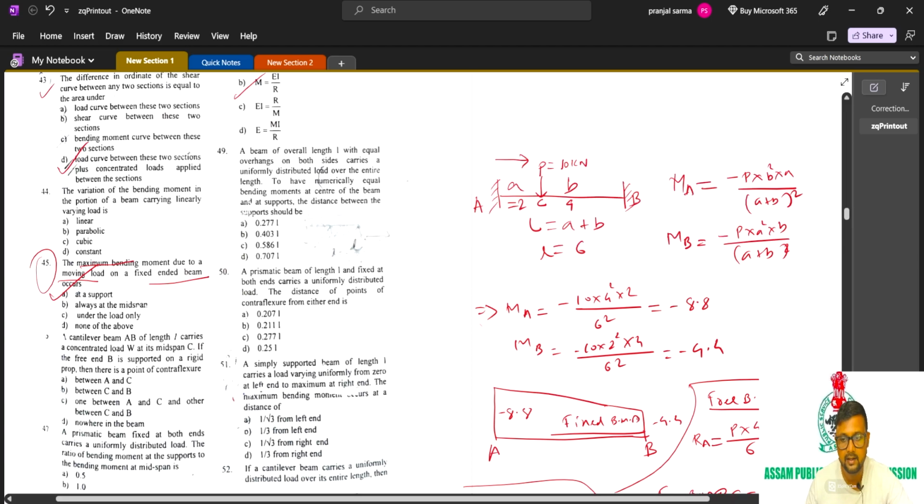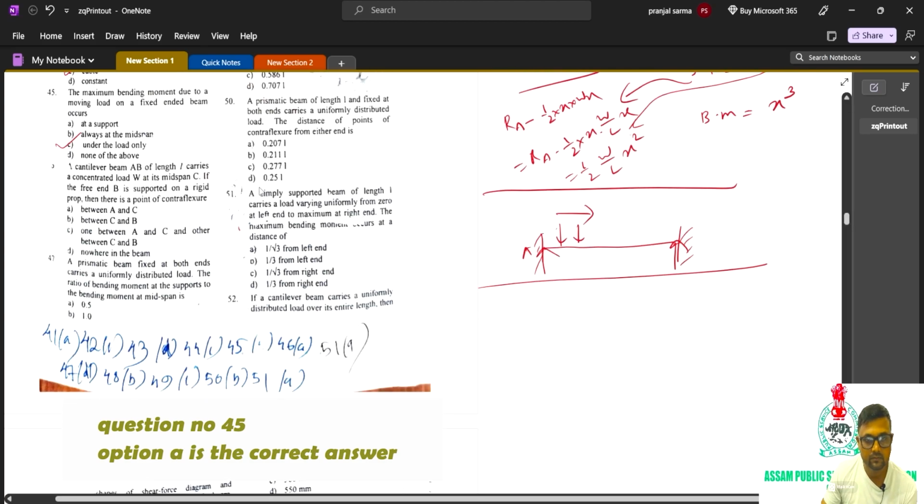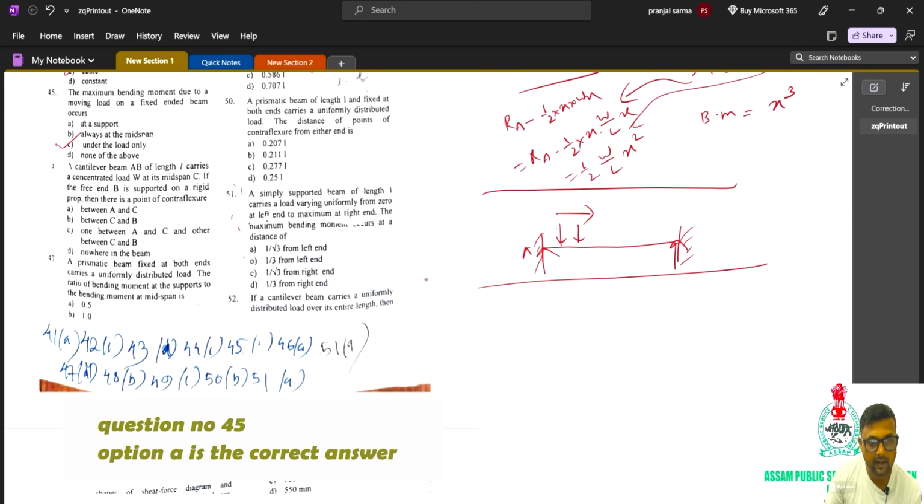Next question. A cantilever beam AB of length L carries a concentrated load W at the midspan C. If the free end B is supported on a rigid prop, then there is a point of contraflexure. Okay.